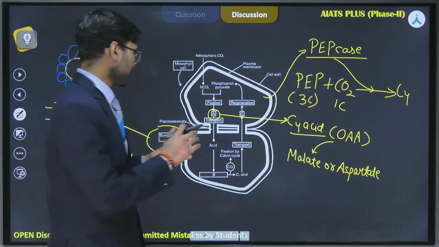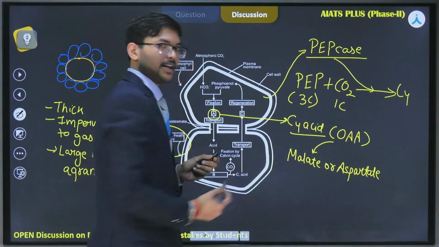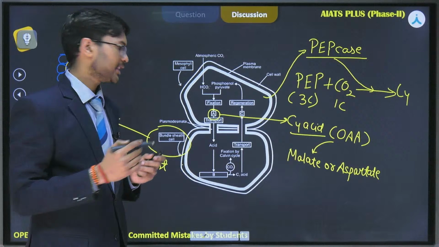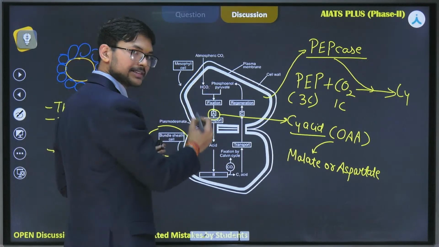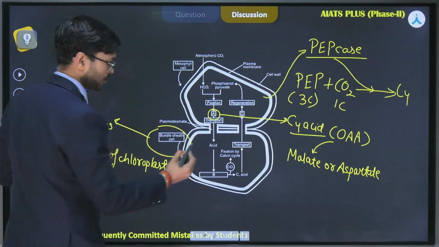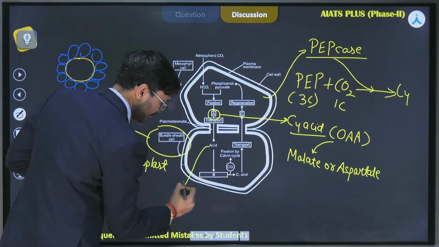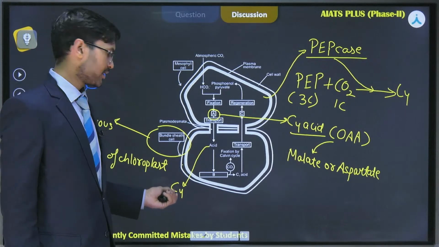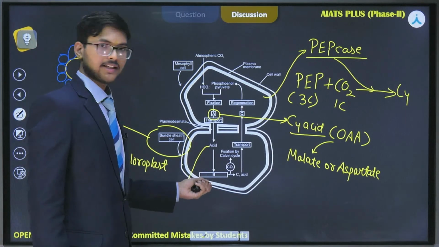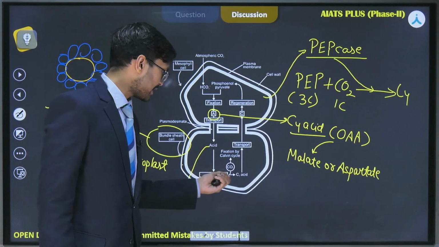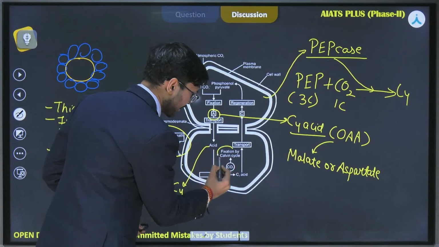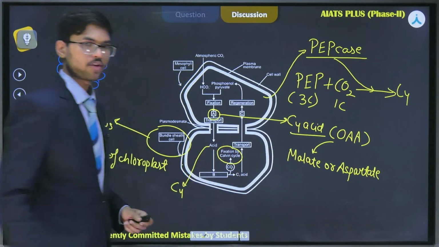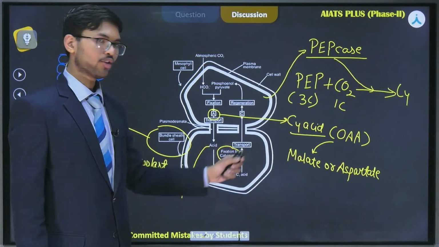So now this malate or aspartate will be transported through the plasmodesmatal connection from the mesophyll cell into the bundle sheath cell. So here the acid will be a C4 acid, which can be malate or aspartate, and now the B here is representing that the carbon dioxide is released into the Calvin cycle, right? The carbon dioxide is released from this C4 acid.